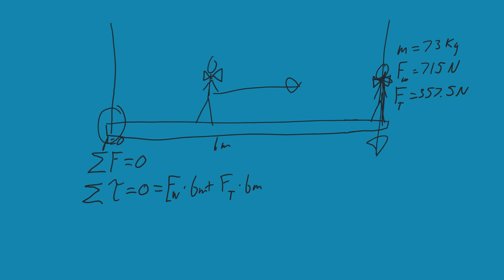Well, we see a common unit of 6, so it looks like these two things are going to cancel out. And the force of weight is going to have to equal the force of tension, right? If I solve this out just a little bit, it's going to be the negative force of weight is equal to the force of tension.